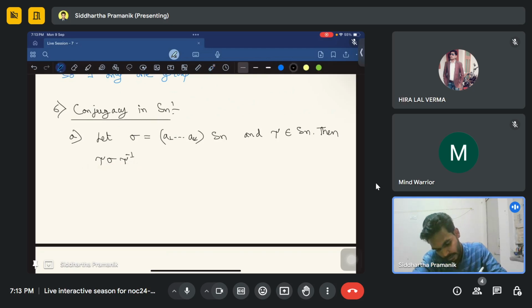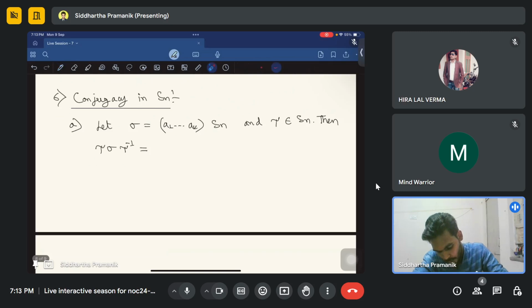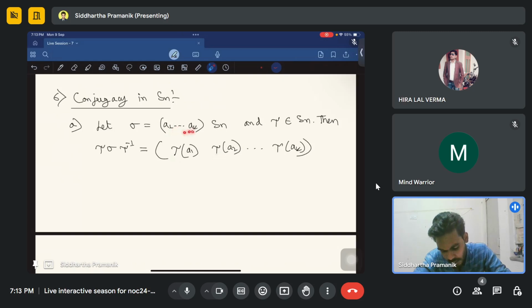The interesting fact is we can compute this conjugate just by knowing sigma, as it has a special structure. It is also a k cycle: tau of a1, tau of a2, up to tau of ak. It means we just observe where each index a1, a2, up to the last index ak goes under tau.